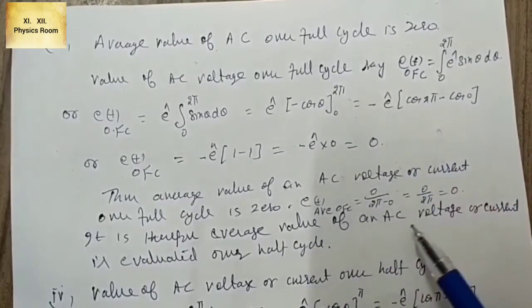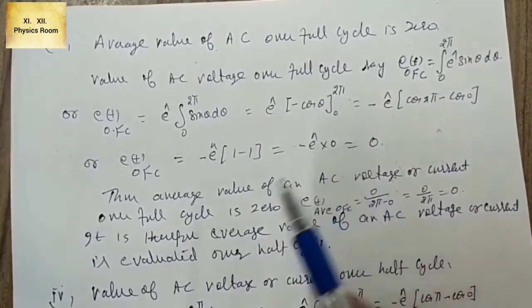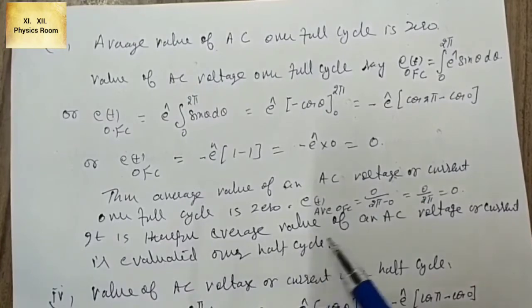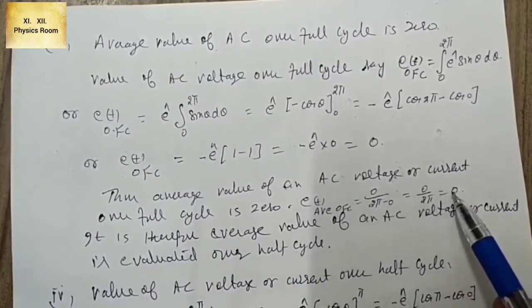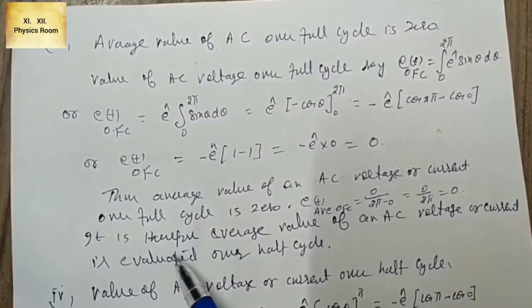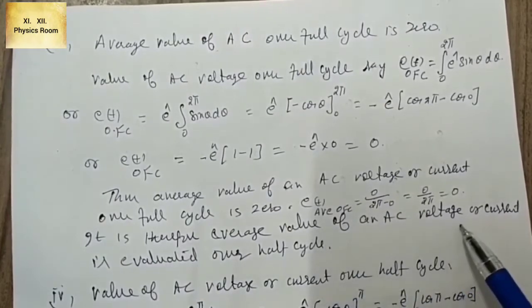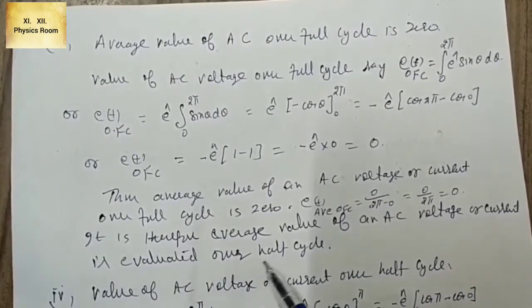If you take the voltage equation, then it will be for voltage. Here we have taken the voltage equation. So the average value of an AC voltage over a full cycle is 0. That's why we compute the average value of an AC voltage or current over a half cycle.